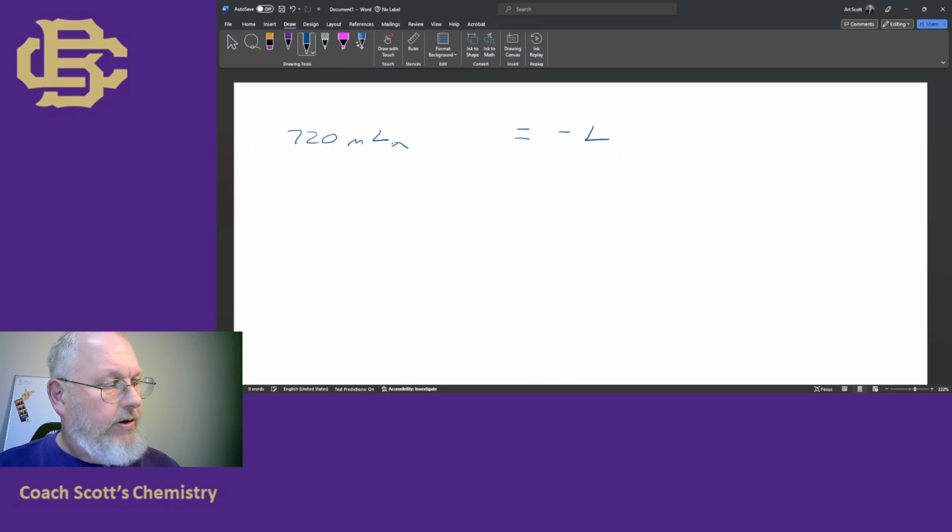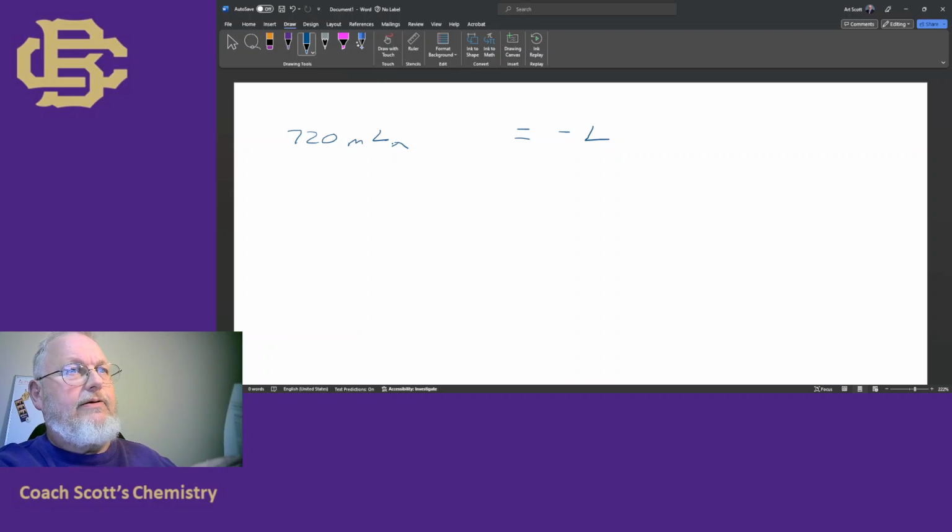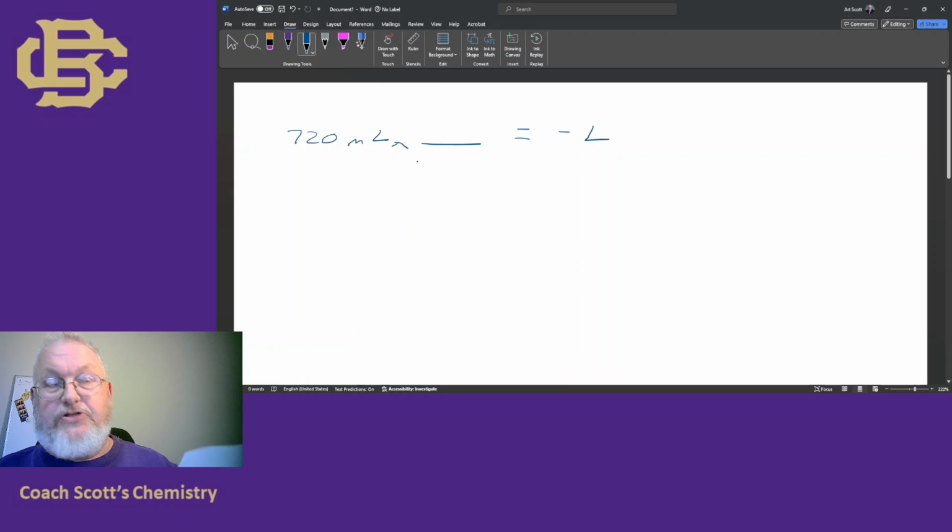Okay, so I look on my little sheet, and I find milli, which is three down from the base, down from centi, and that's 1,000. So how I interpret that, let's say we have a line here. So that tells me it's a thousandth. So 1 milliliter is a thousandth of a liter.